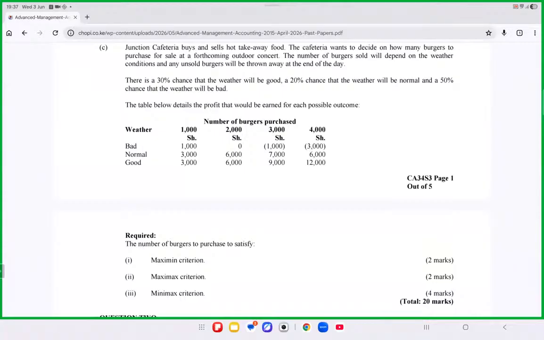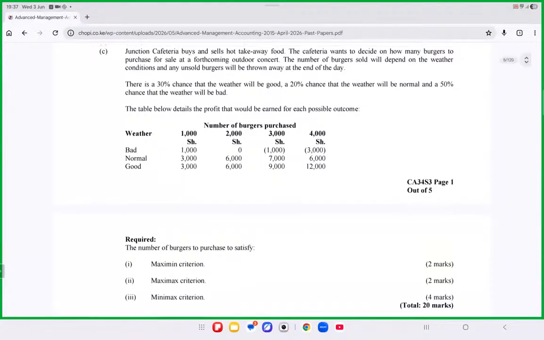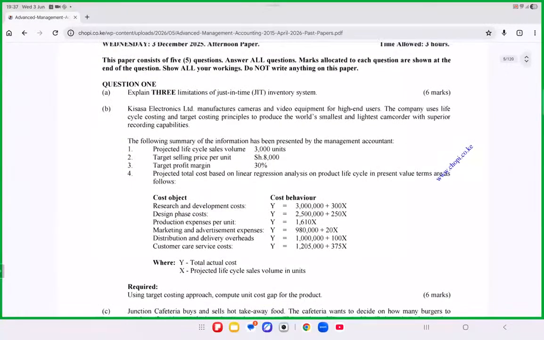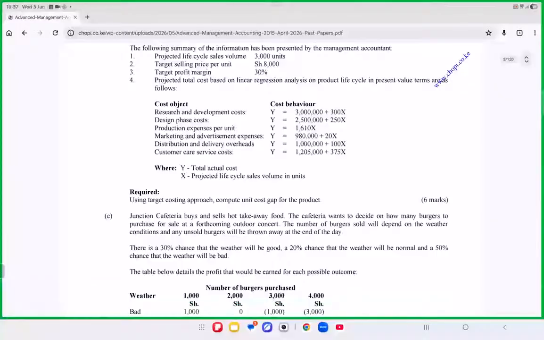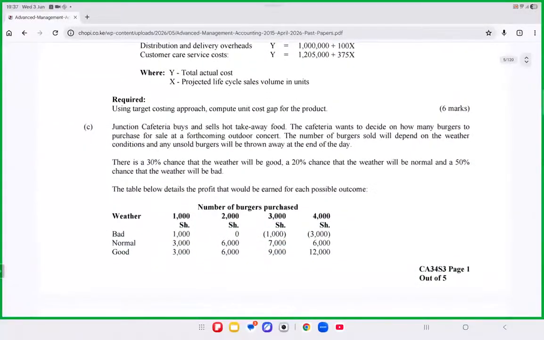The question of umbrellas, August 2025, question number 1B. This question here is December 2025. Just write it down, December 2025, question number 1.